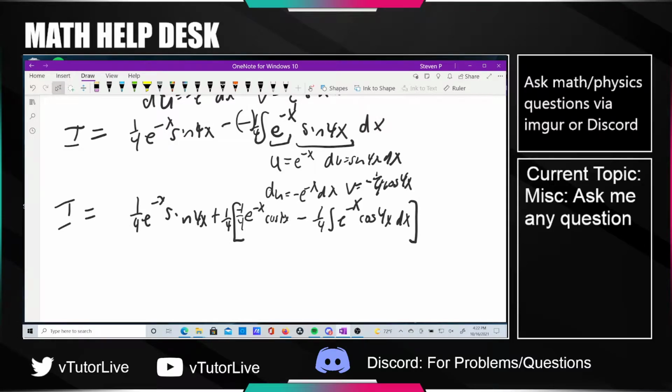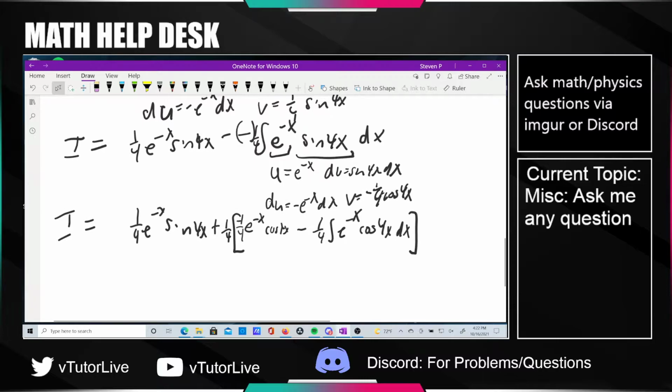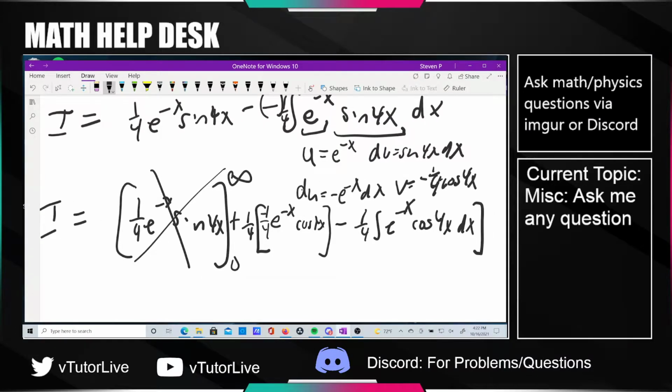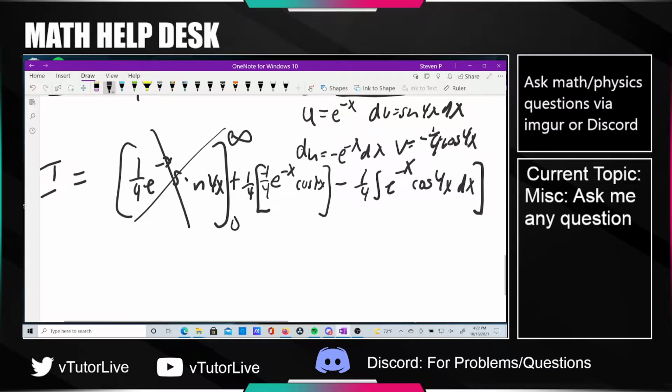Was this a definite integral? Yeah, it was from 0 to infinity, right? So what we'll notice is that if we evaluate the definite integral from, I think, 0 to infinity, this turns out to be a 0, right? And then I believe this one turns out to be, I'm going to evaluate it a little bit ahead of time because I know what's going on from 0 to infinity.